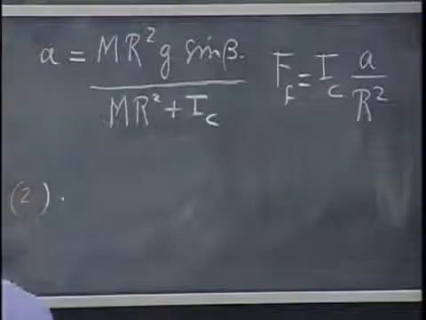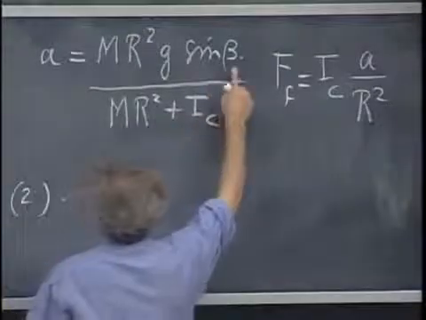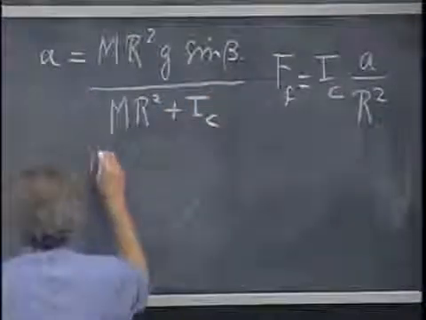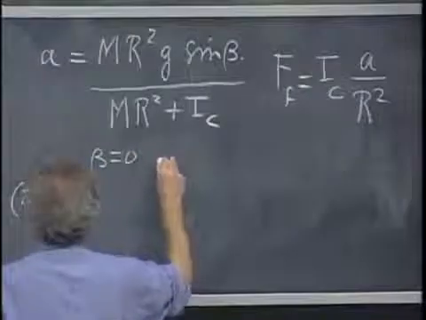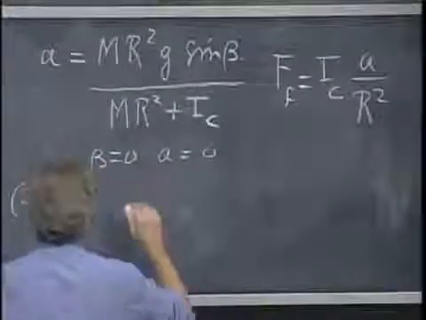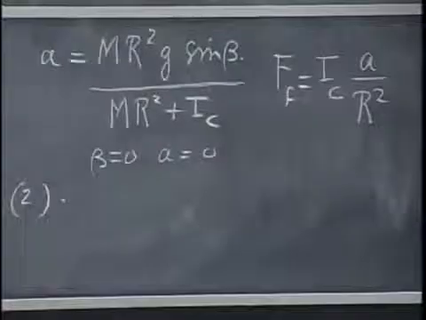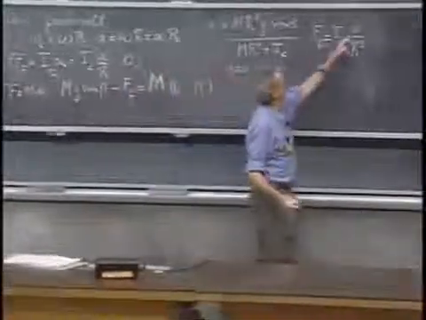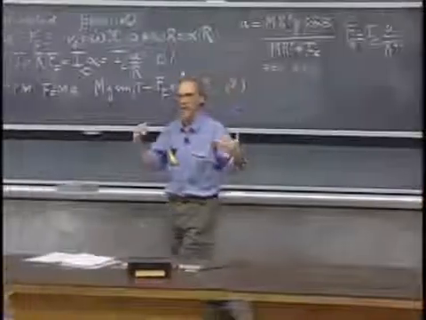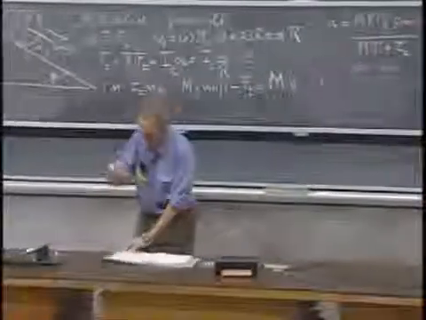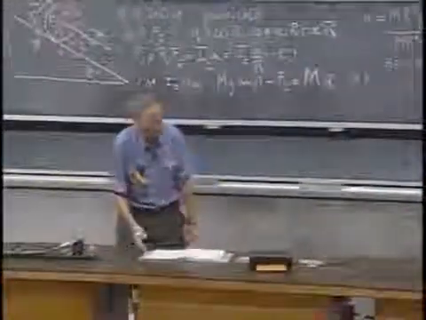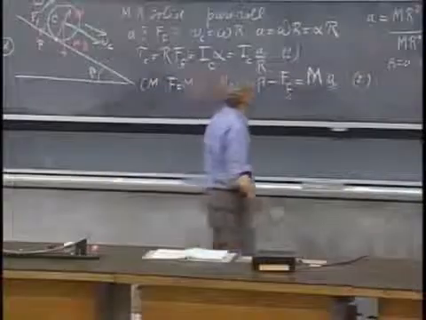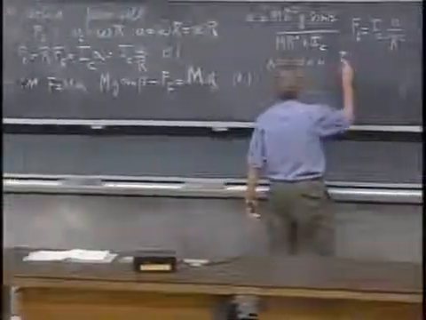Let's first take a look at beta related to A. Notice when beta equals 0, that A equals 0. It better be. If there is no slope, there cannot be any acceleration. Notice if A equals 0, that the frictional force is also 0. It better be. So that is an easy check that you can do. Internal consistency check.